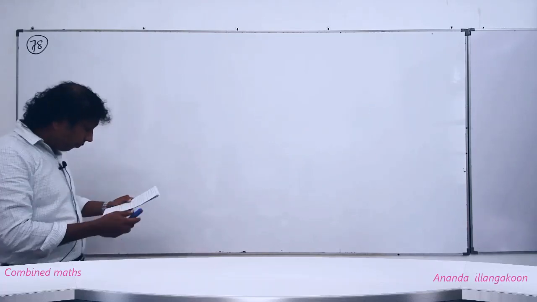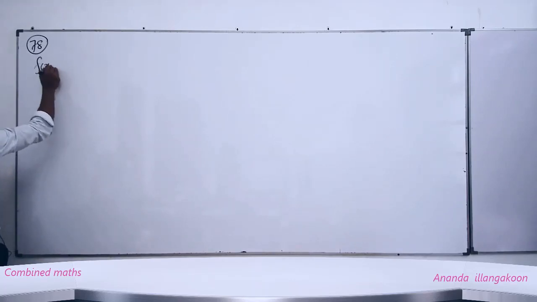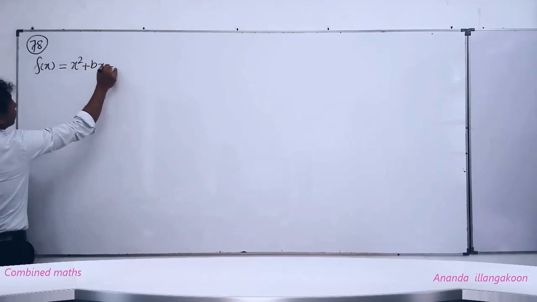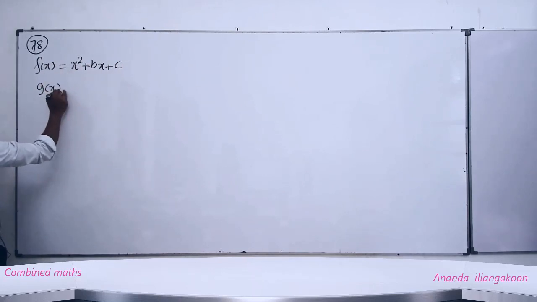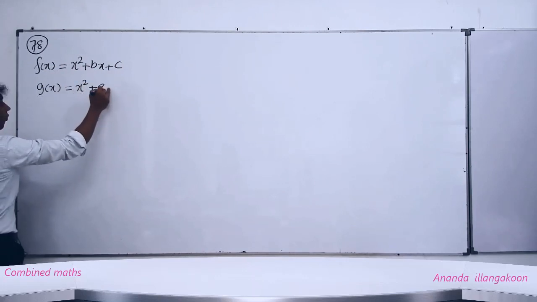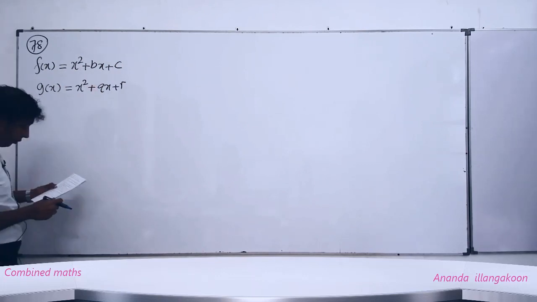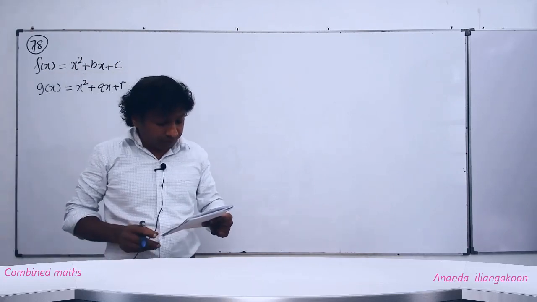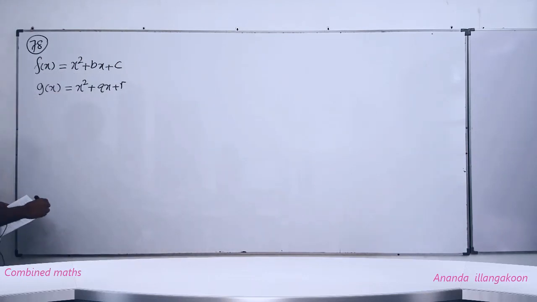You're given f(x) equals x squared plus bx plus c, and g(x) equals x squared plus qx plus r. b, c, q are real numbers, c not equal to r. Alpha, beta are the roots of g(x) equals 0.